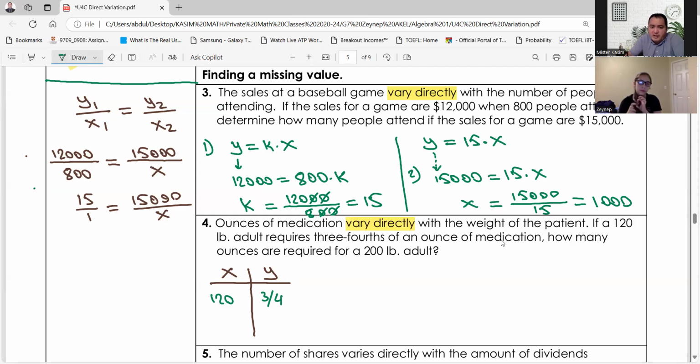How many ounces are required for a 200-pound adult? I don't know. It is y. Now if you just write the ratio, y1 over x1, that is 3/4 over 120 is equal to y over 200.